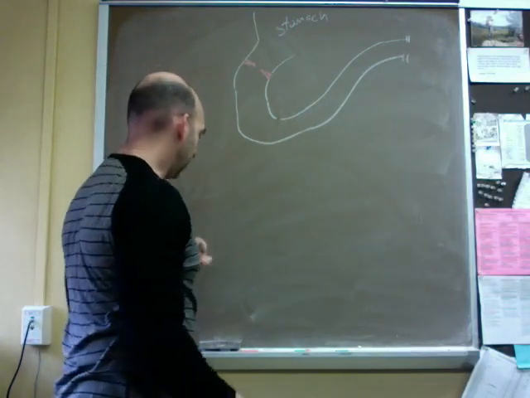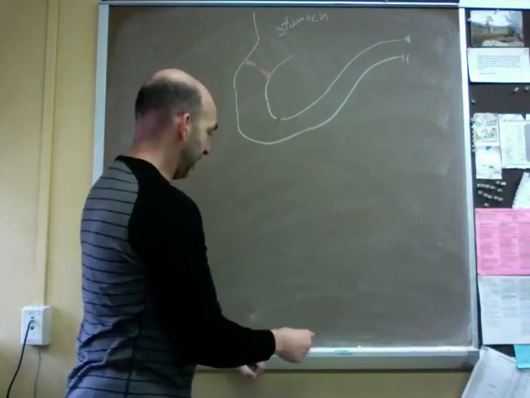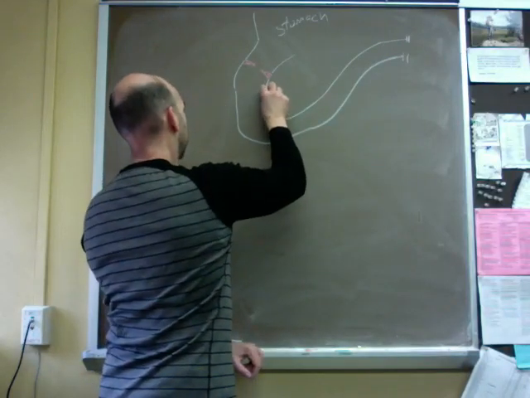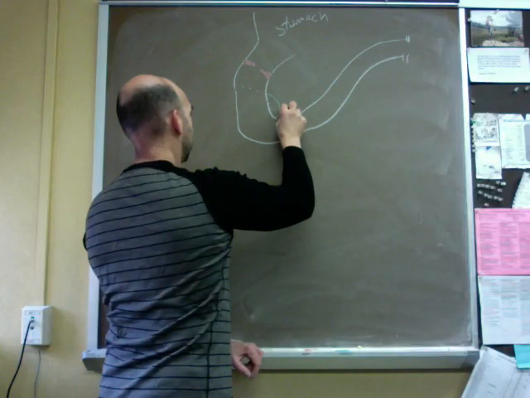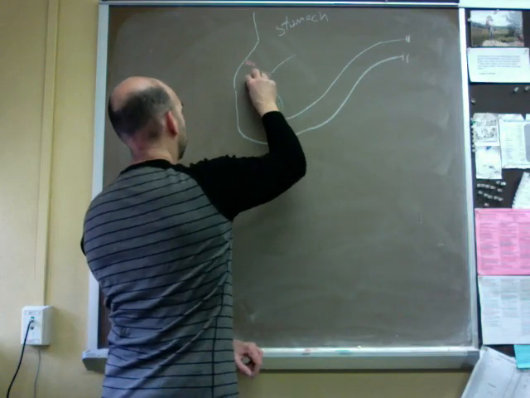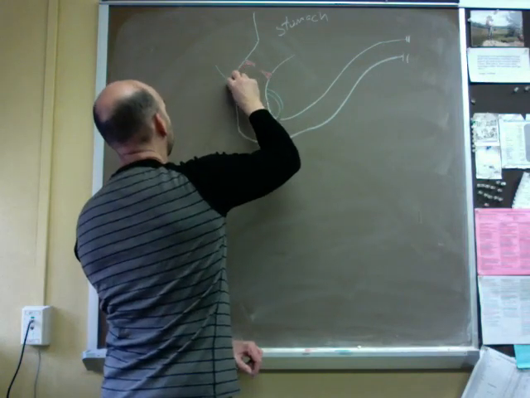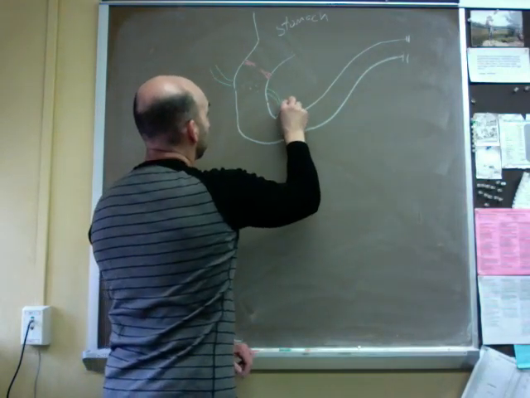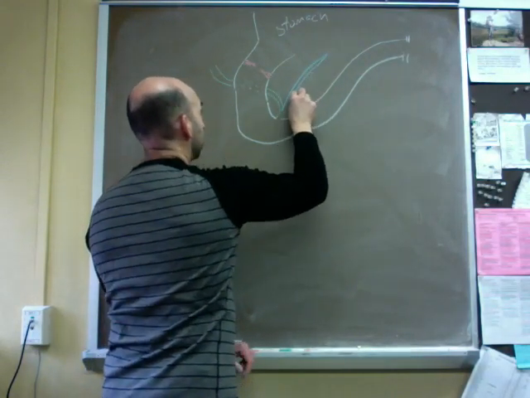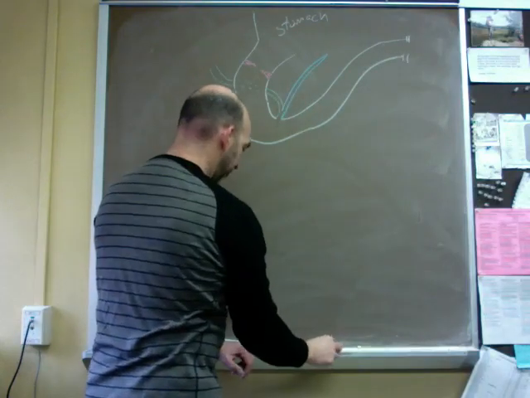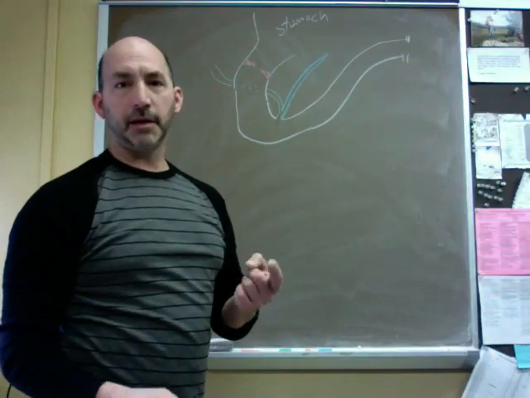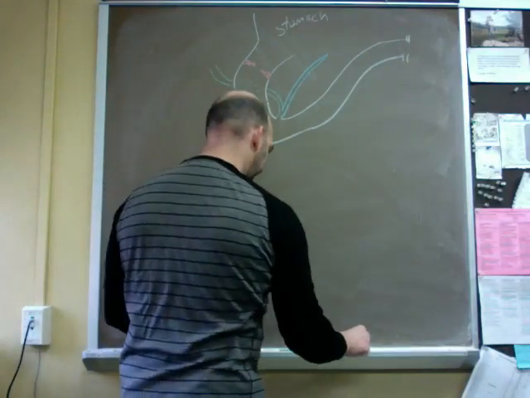Duodenum. Now what I've got is a duct that goes off this way, and I've got another duct that goes this way. The blue duct is the pancreatic duct, associated with the pancreas.